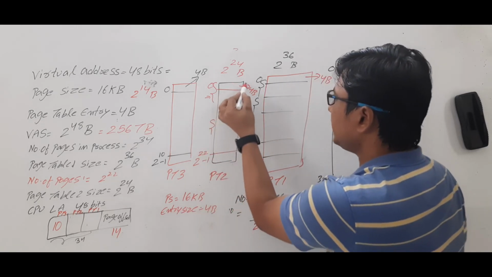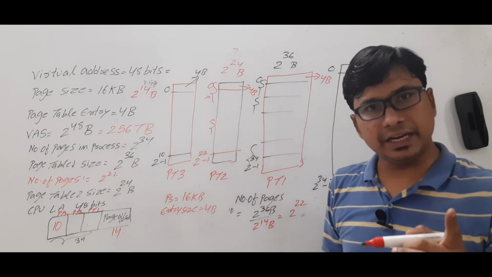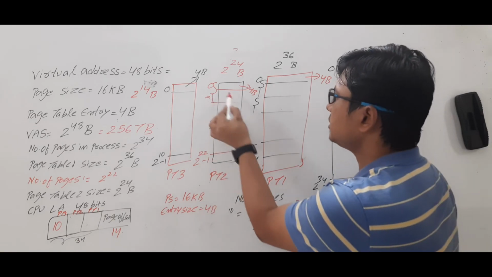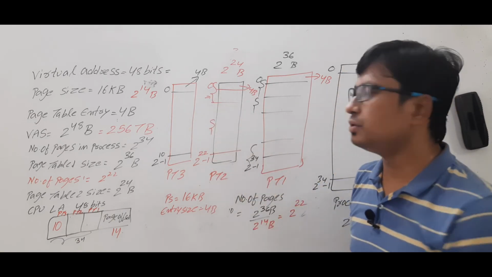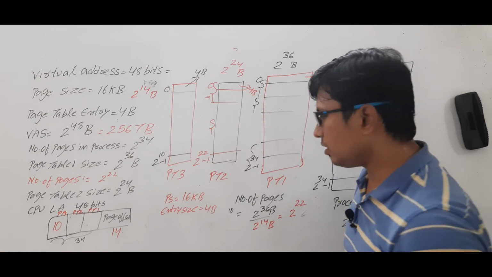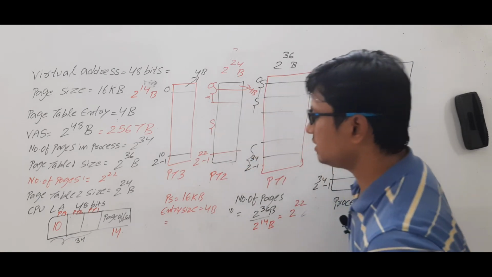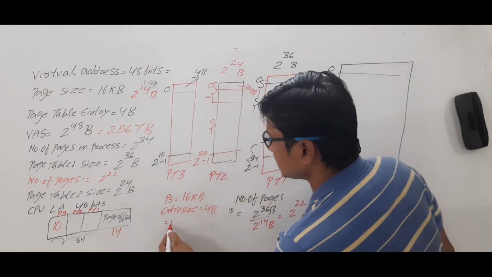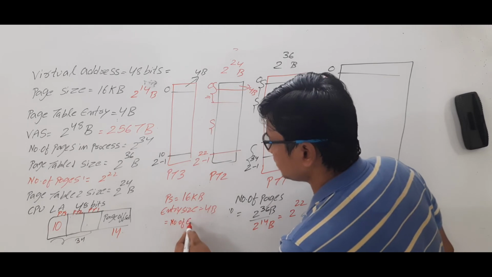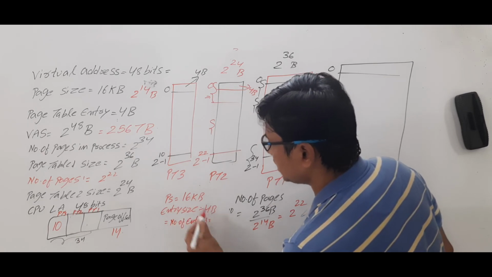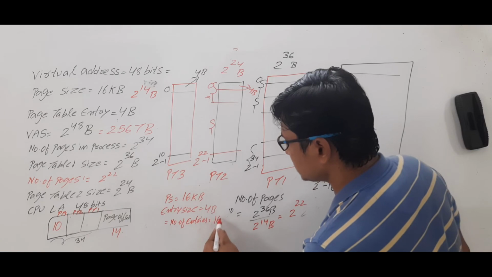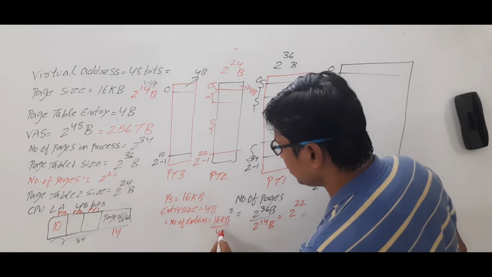Now such a combination of entries we make as one page. Am I right? This page table is further divided into pages. So the number of entries is equal to the page size, 16 KB, divided by 4 bytes.